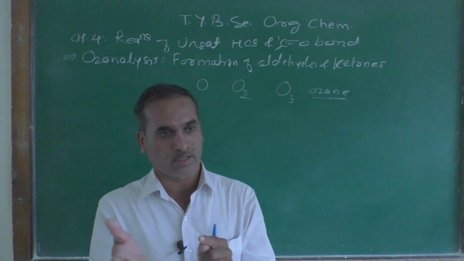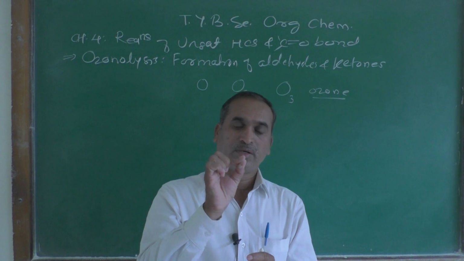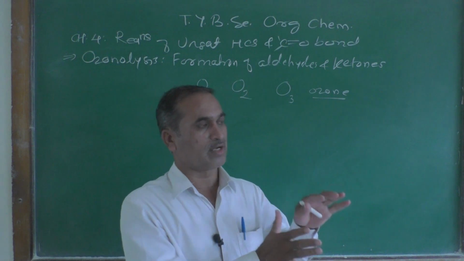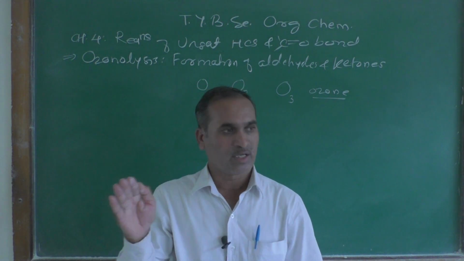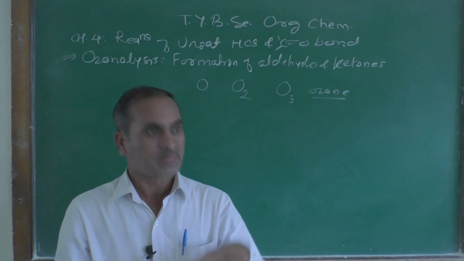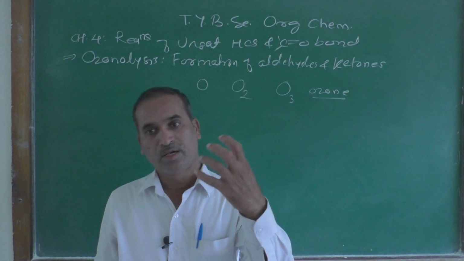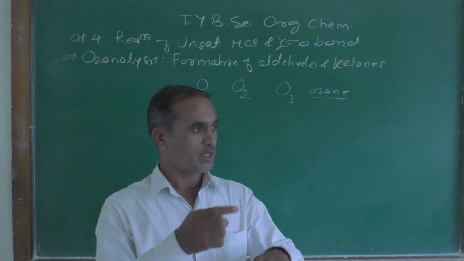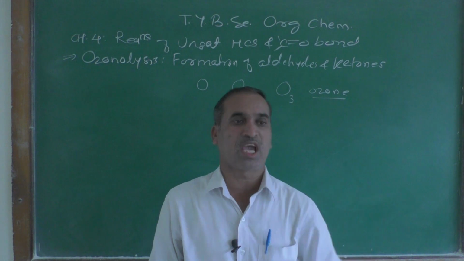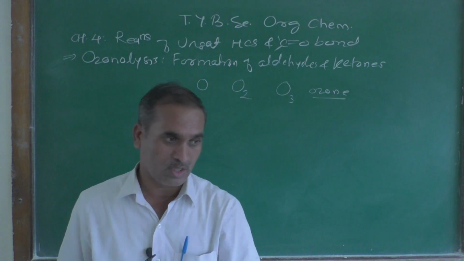One free radical of a chlorine atom can destroy 1 lakh molecules of ozone. Due to that, a hole is created in the ozone layer, and harmful rays come directly onto the earth and cause skin cancer.